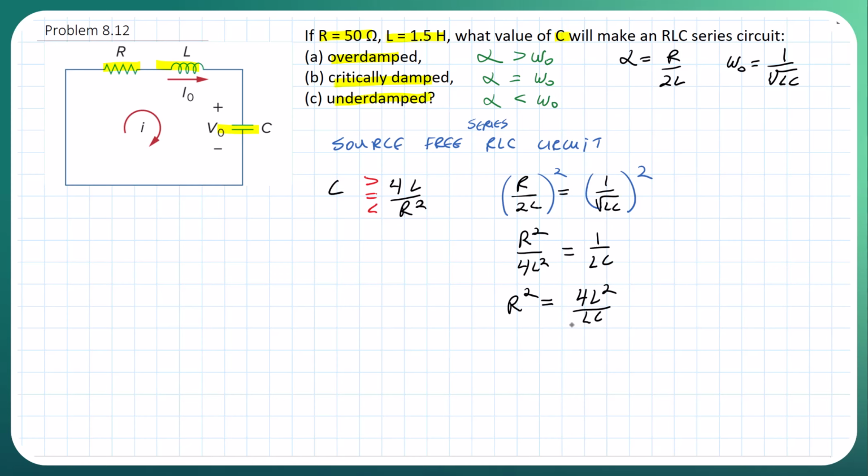All right, and then that will eliminate the L from here and one of the L's from there, and then we can rewrite this equation. We get R squared is equal to 4L over C, and then just rearranging for C, C equals 4L over R squared.